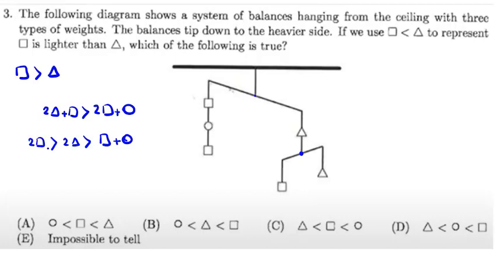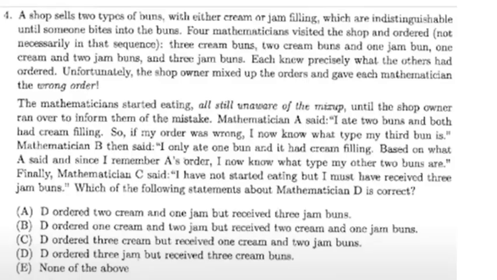And if we subtract square from both sides, we understand that square is greater than circle. Now here also you can say square is greater than triangle. So you can write triangle plus circle. And if you consider this and this and subtract triangle from both sides, then triangle is greater than circle. So we can say square is greater than triangle, triangle greater than circle. And we have this, so that's fine. So the answer is B.